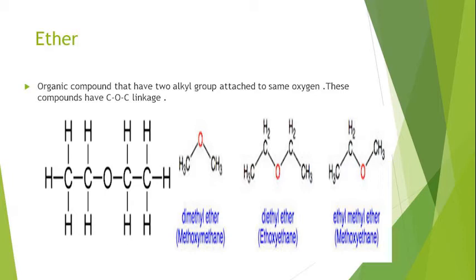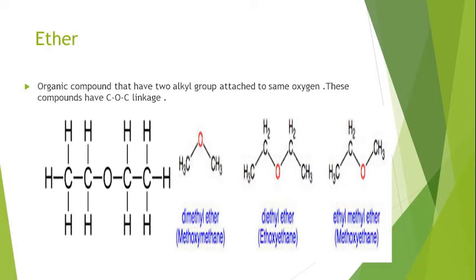In symmetrical ether, when similar alkyl groups are attached to oxygen atom, the ether is called symmetrical or simple ether, as you see in first example, diethyl ether, in which both sides of oxygen are attached to the same group. But in other 2 examples, you can see that different alkyl groups are attached to oxygen atom.